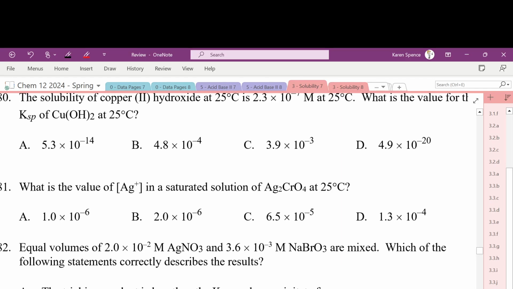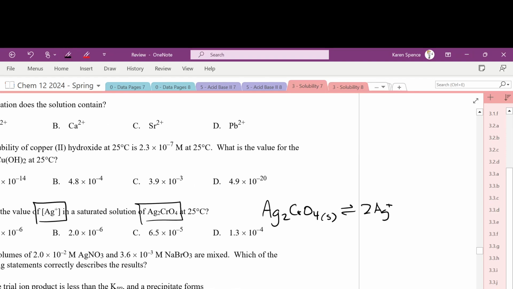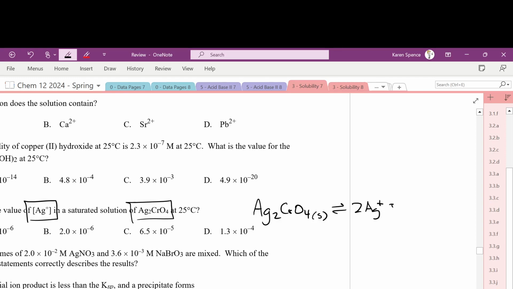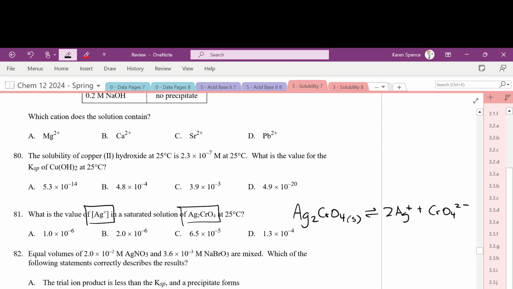What is the value of silver concentration in saturated silver chromate? So we have Ag2CrO4 solid in equilibrium with 2 Ag+ and CrO4 2-.